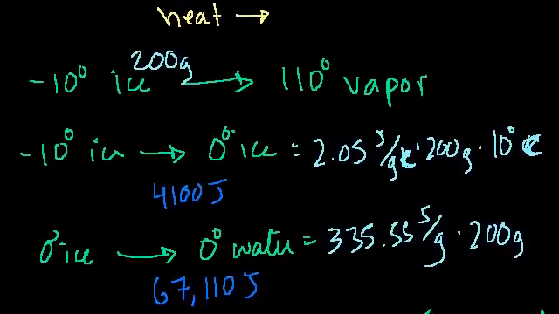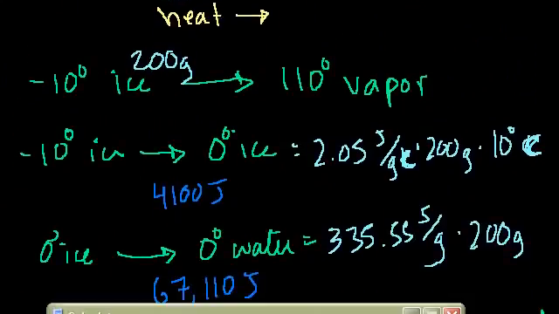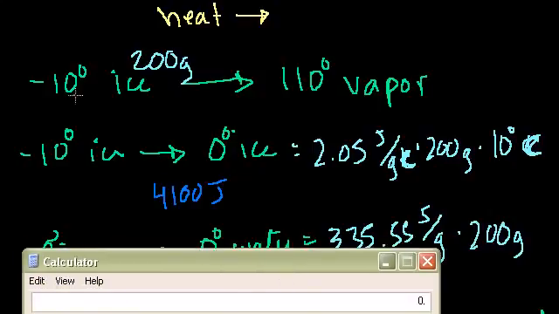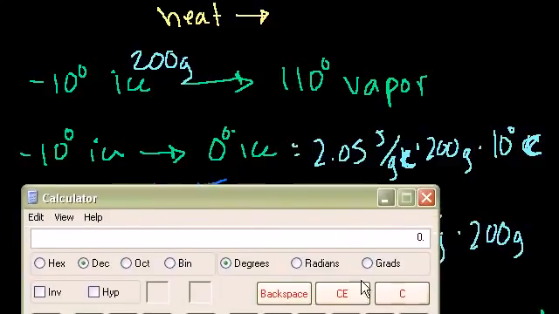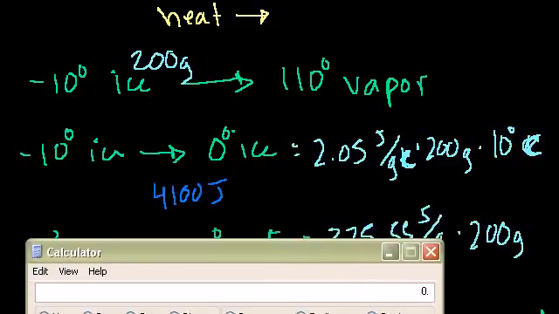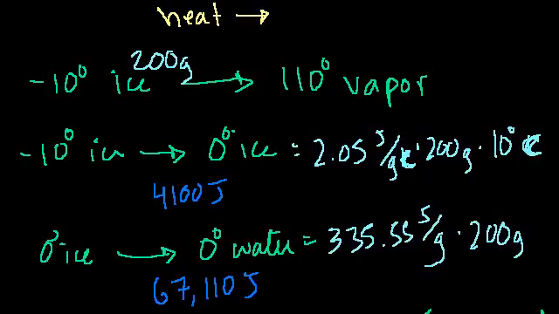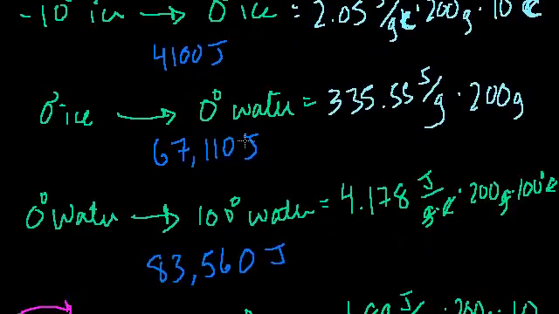So to go from minus 10-degree ice to 0-degree ice, and of course we have 200 grams of it, it was 4,100 plus the 67,000. I'm just doing this off the screen. So plus 67,110 plus 83,000.